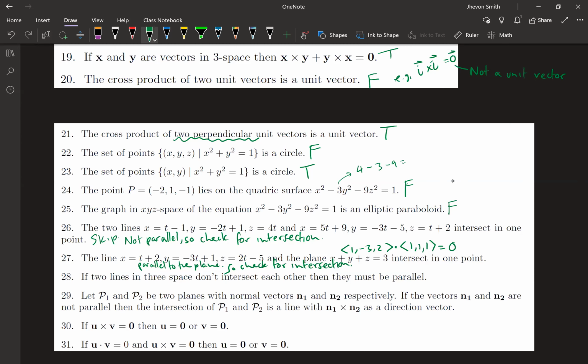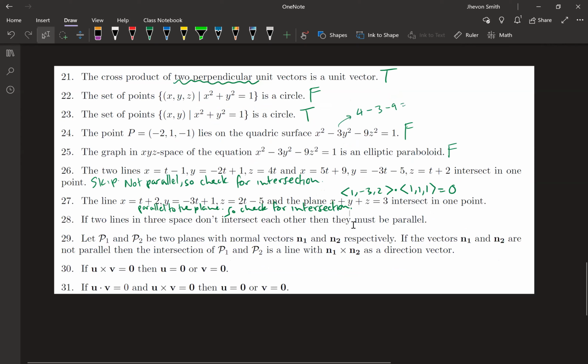I don't want to waste time going through the calculations here because these are true or false. I want to get to the questions with more things. So I know this is actually parallel to the plane. Hold on. No, parallel just means if it intersects the plane, it intersects at all points along the line.